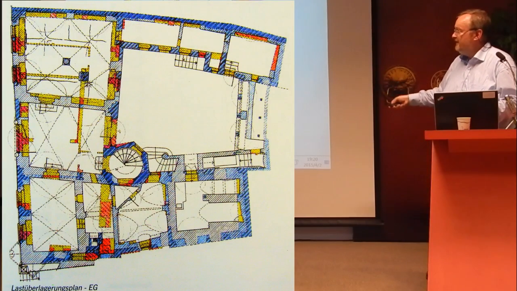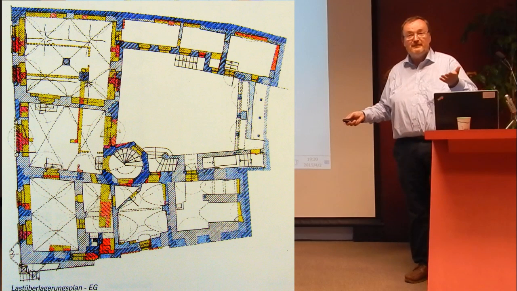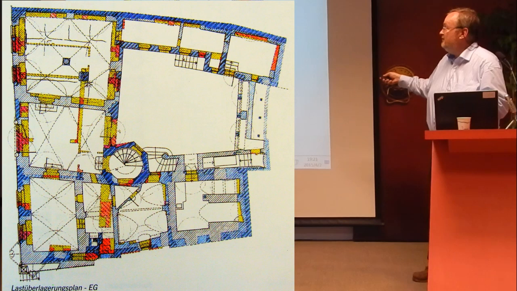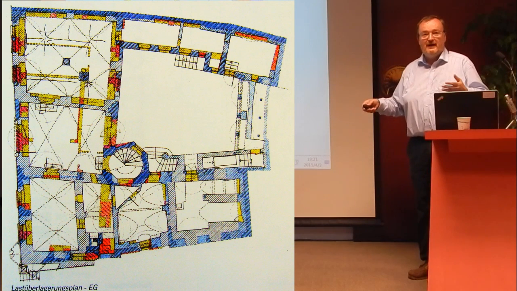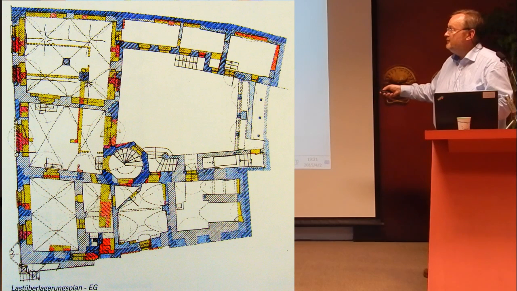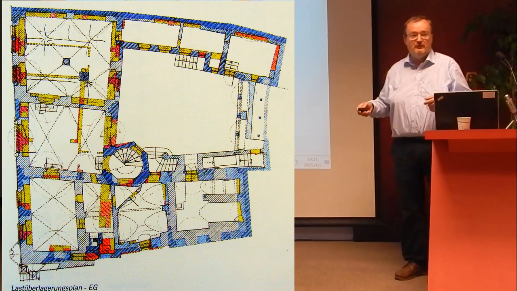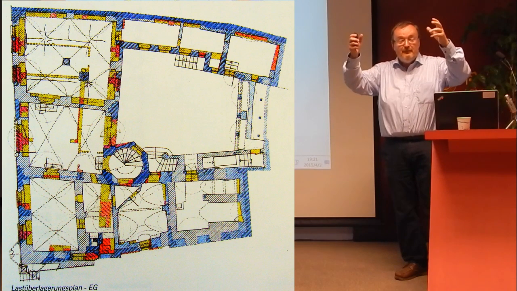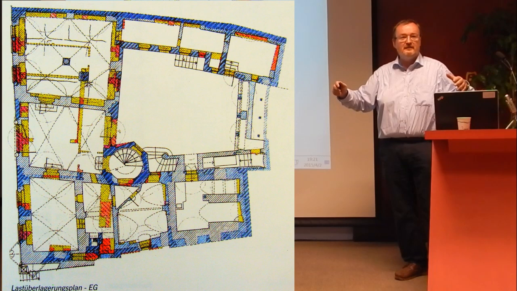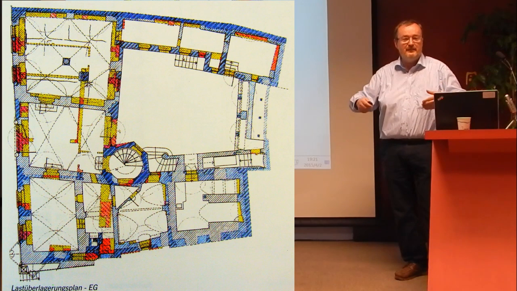This is a clever method to detect where the problems are in a building with several stores. We show in blue colors, more or less blue, how much weight comes on the walls. And in yellow to red colors we show where the weight is coming but has no wall or column under it.